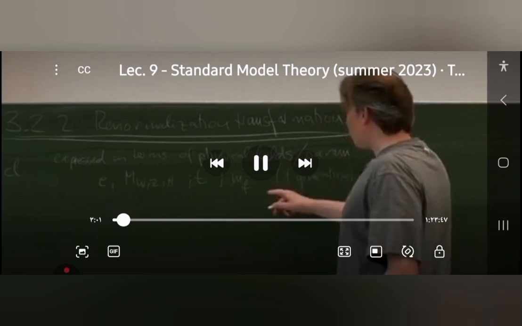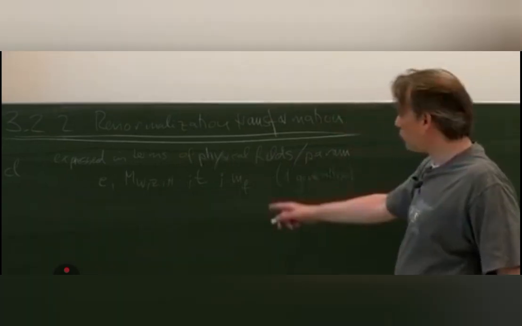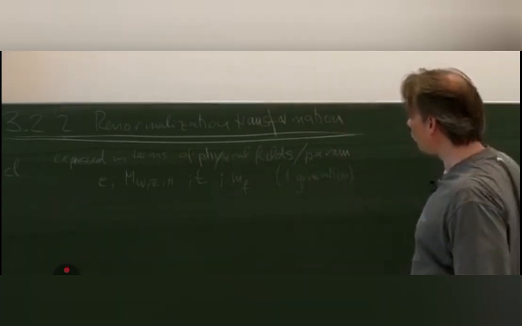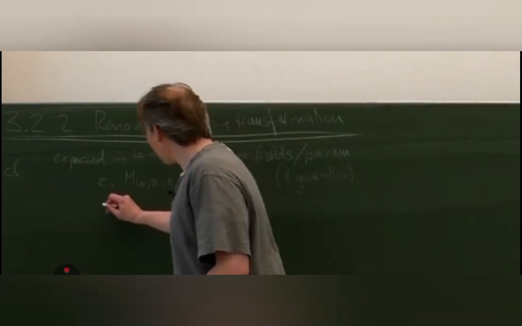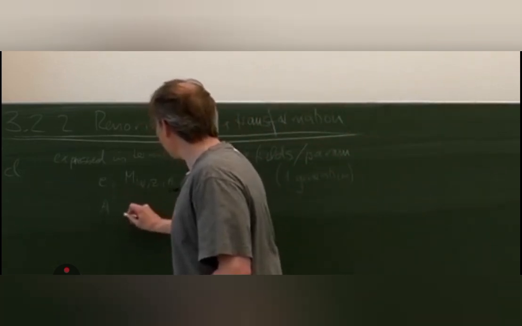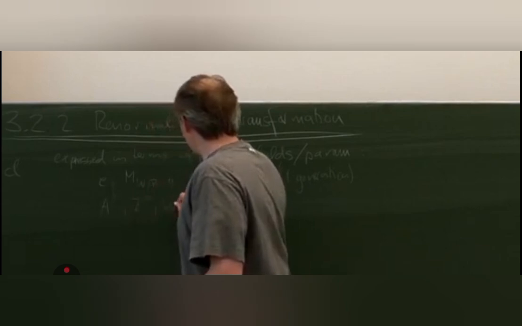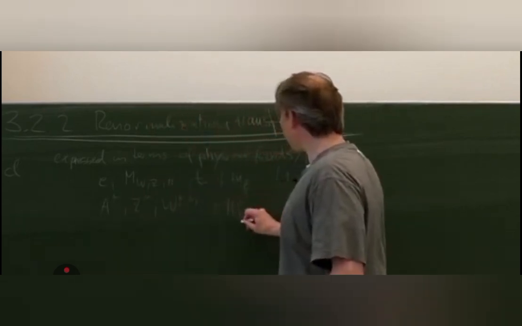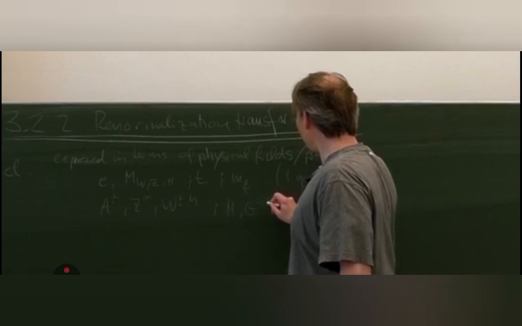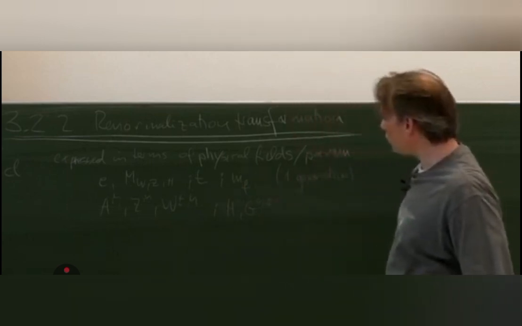Therefore, there is no CKM matrix and there is no mixing between the fermions. And among the fields, we have, of course, the photon, the Z, W plus minus fields. We have the Higgs field and the Goldstone boson fields, which are unphysical.